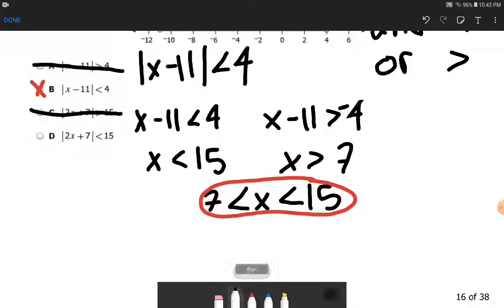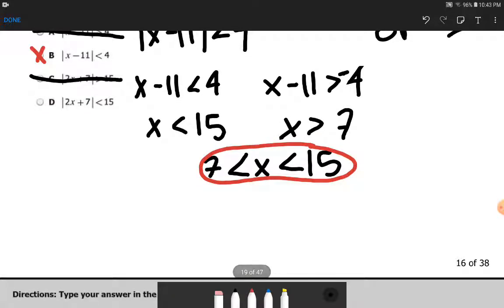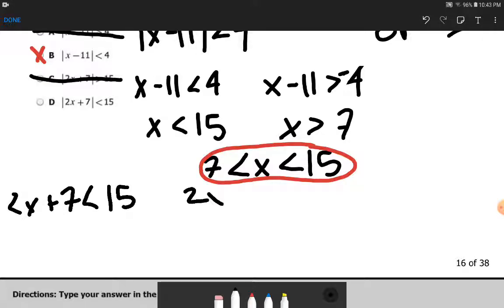solve D. So you would get the two equations of D, which would be 2x plus 7 is less than 15, and 2x plus 7 is greater than negative 15. We're going to solve these equations. Subtract 7 on both sides, we get 8, and divide by 2.